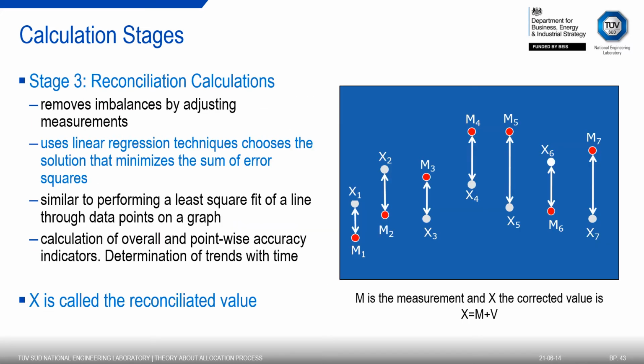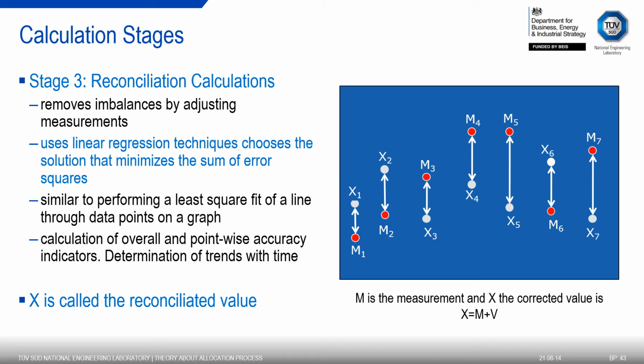The process of minimization is what I'm trying to show with a cartoon on the right side. So the idea is we know that we have an imbalance at each node, as described earlier, and we will try to shift a bit the value for each flow meter and try to find the best optimum in terms of minimization.